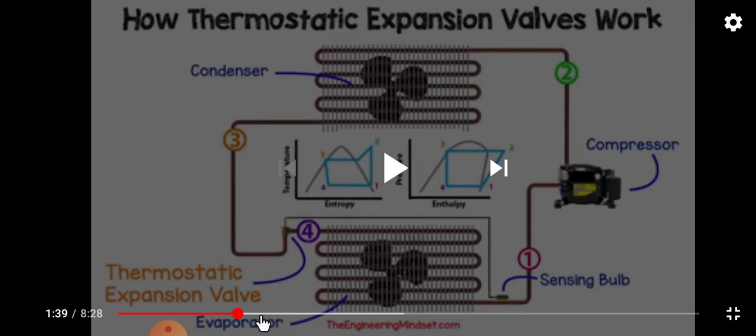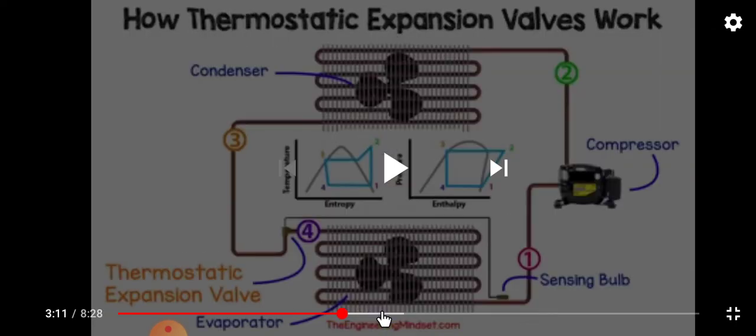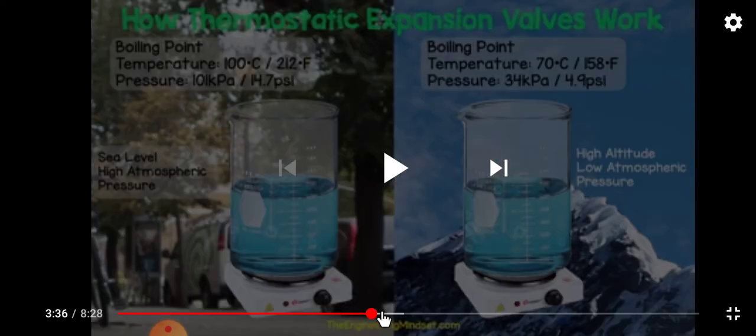Then in the evaporator it gets heat and changes from liquid to mixture to 100% gas state.